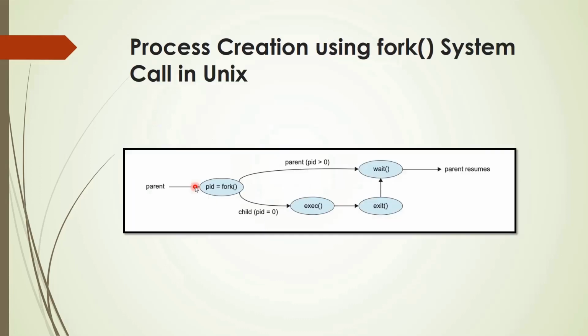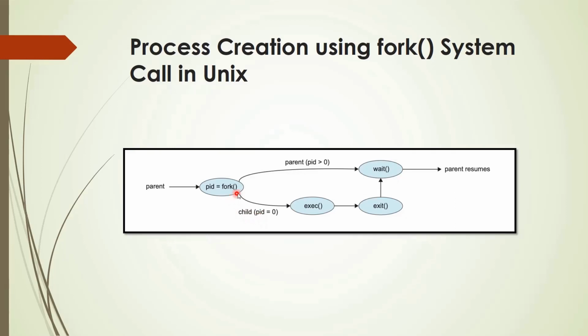Now let us look at a diagram to understand how the fork system call works. Now the fork system call returns two values. The first value is greater than 0, or a positive number, that is for the parent, and fork returns 0 for the child process.